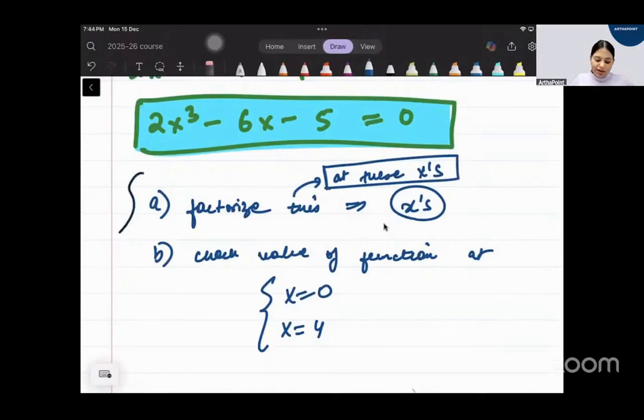Right? Wherever it is minimum, that's your answer. So that is how you can solve this question.